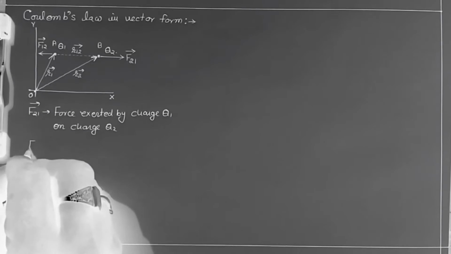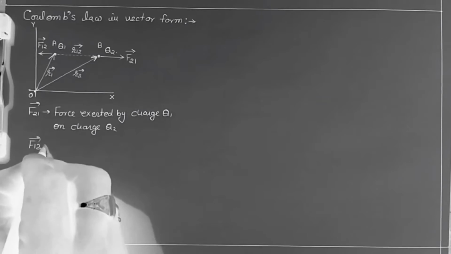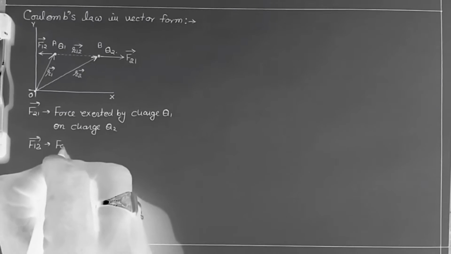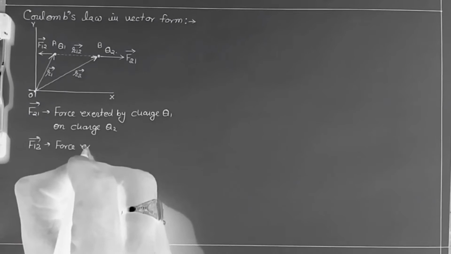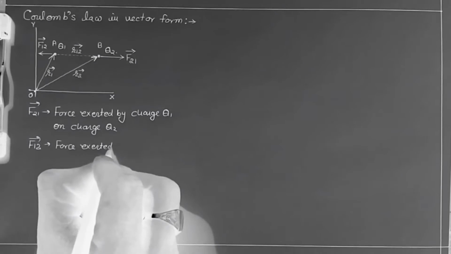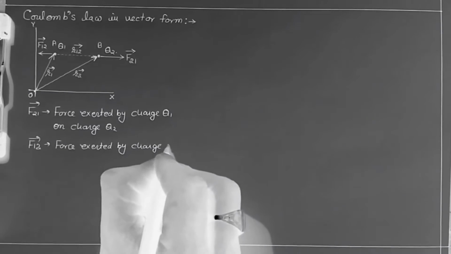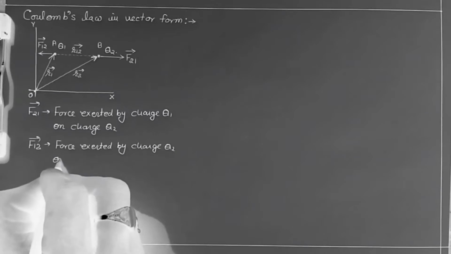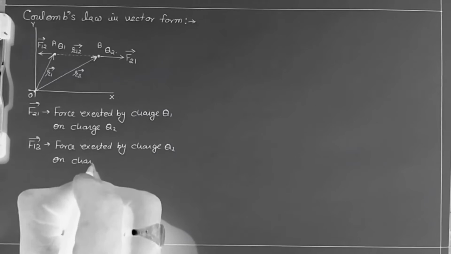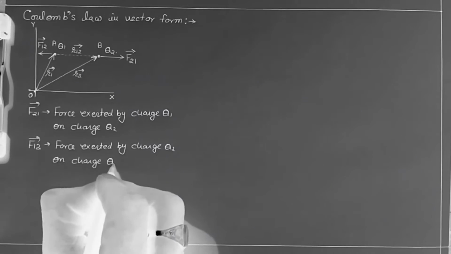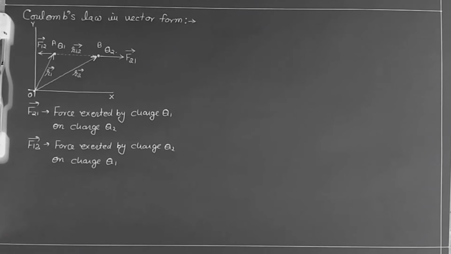And F12 vector is the force exerted by charge Q2 on charge Q1, all right?